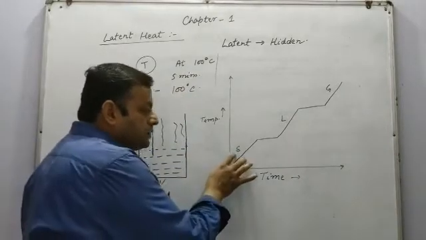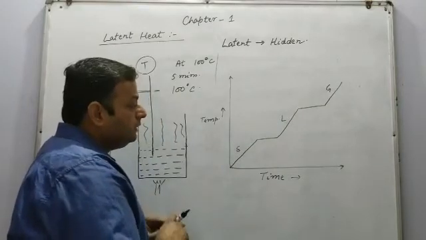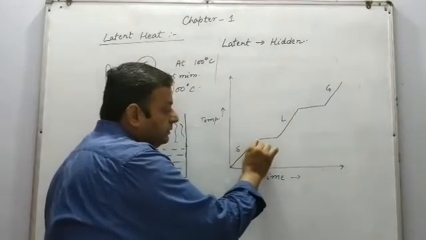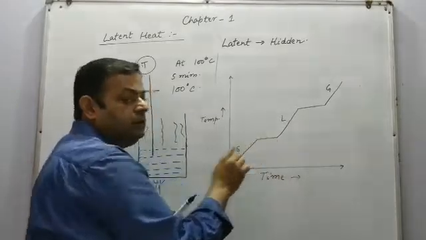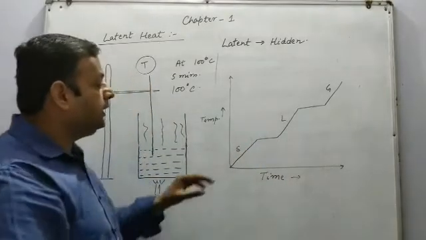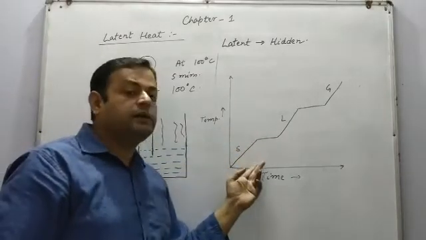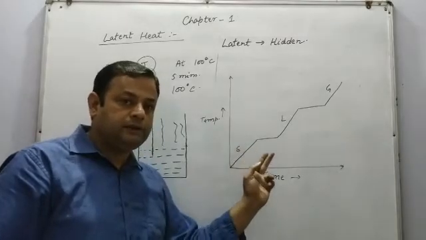Now we have a solid. We increase the temperature, we heat the solid. Then at the melting point, when the solid starts getting converted into the liquid state, at that point the temperature remains constant till all the solid get converted into the liquid due to latent heat of vaporization.